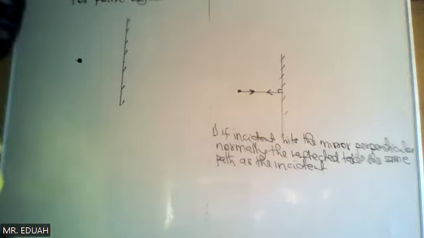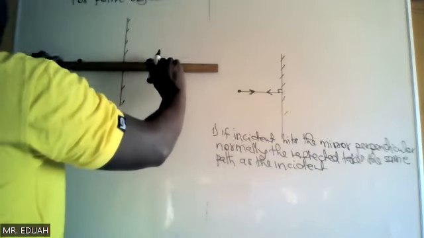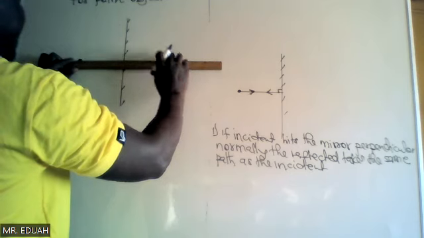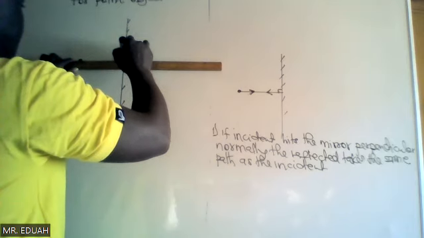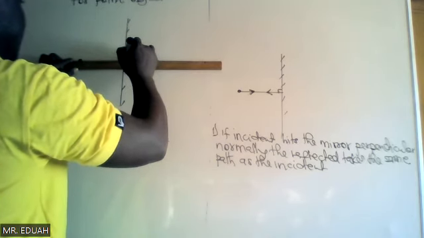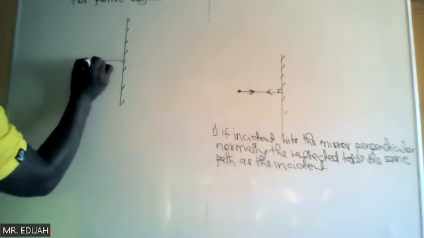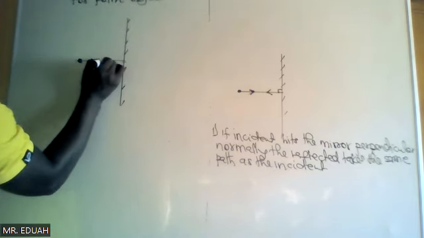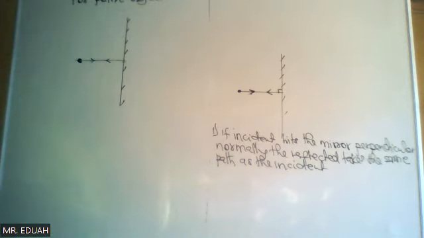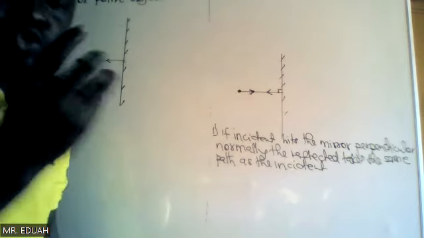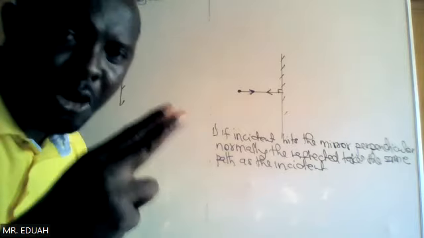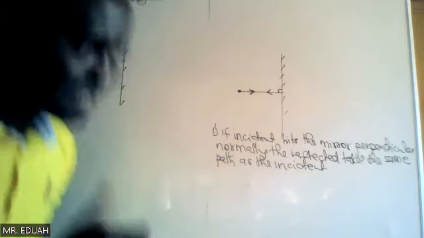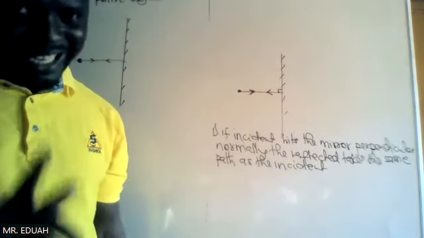So I want to apply the first rule, that a ray of light hitting this at 90 is reflected along the same path. Now, for an image to be formed, you need 2 or more reflected rays to meet or appear to meet. I take it again.